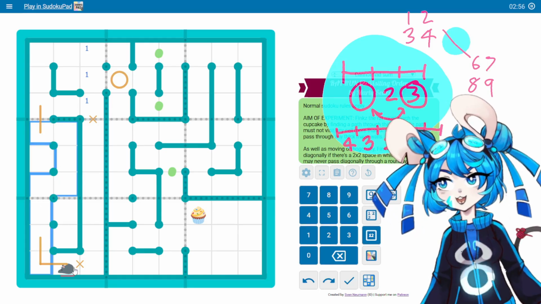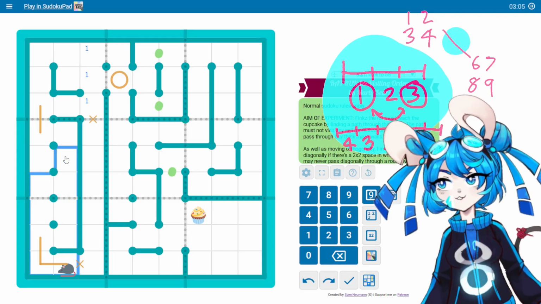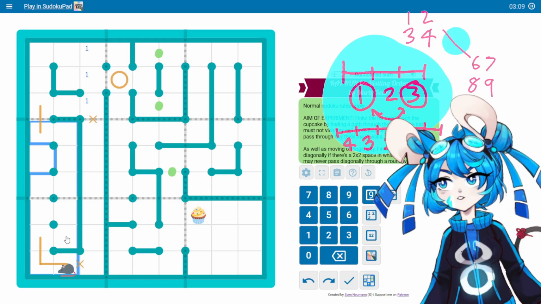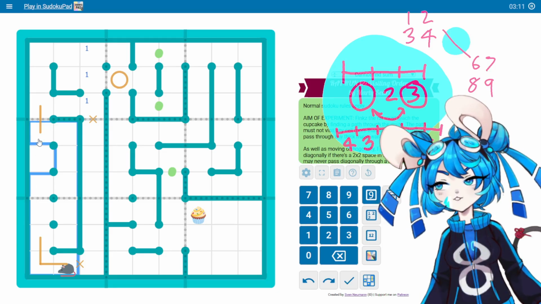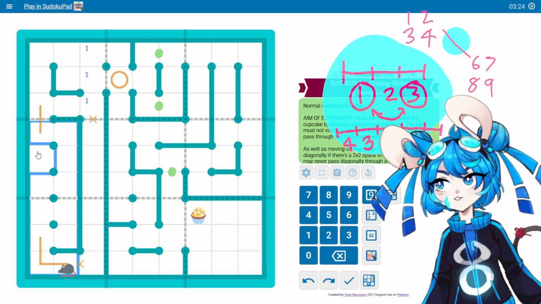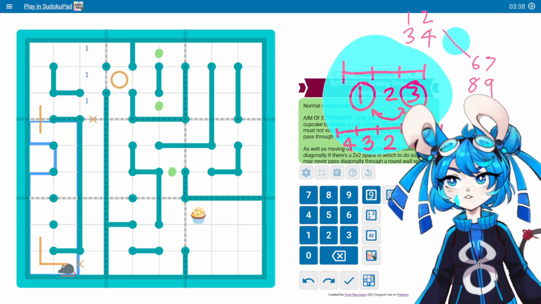No, actually that's fine. Could it go 1, 2, 3, 4, 5, 6, 1, 2, 3, 4, 5? I guess it could. Potentially. I'm not really seeing anything that outright excludes that possibility.